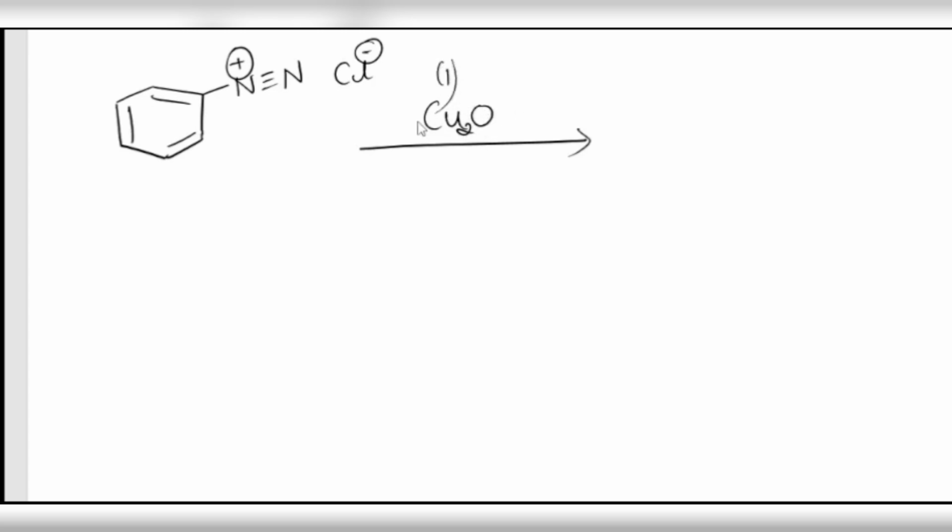Here it is there in +1 oxidation state. This is the first, and in the second one we have to treat with water, correct? Finally, I will be ending up with phenol. Here OH will be there as it is.